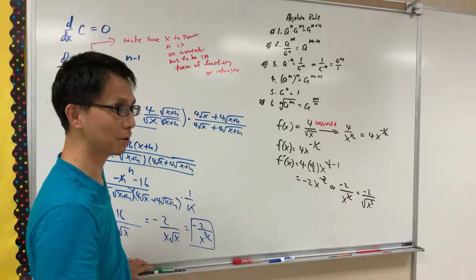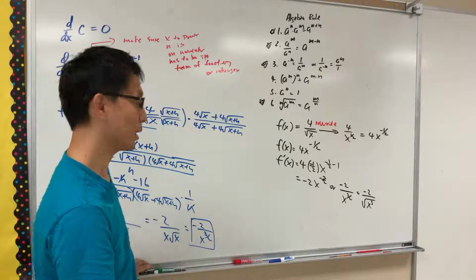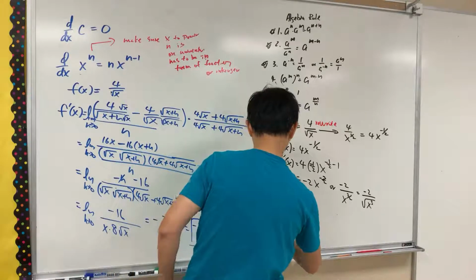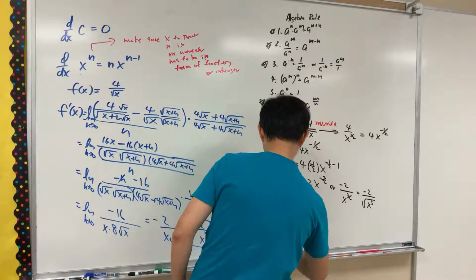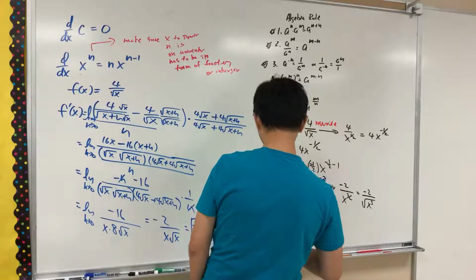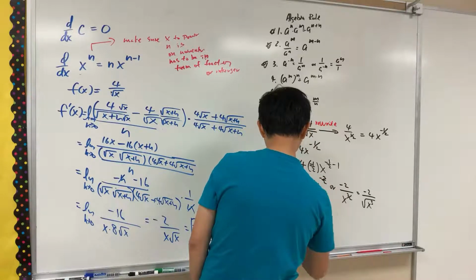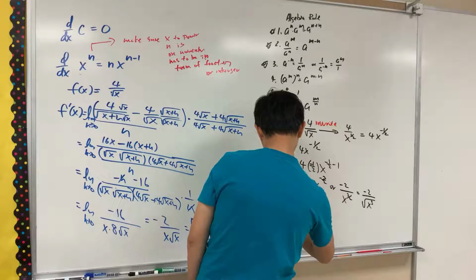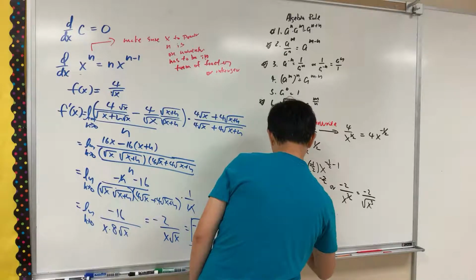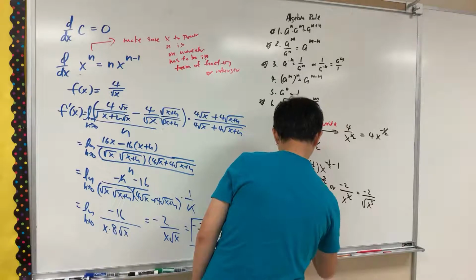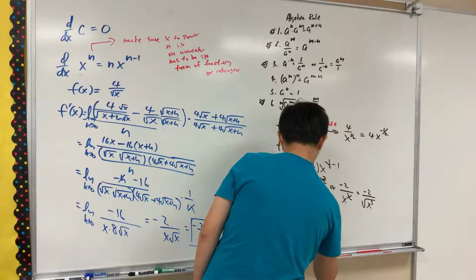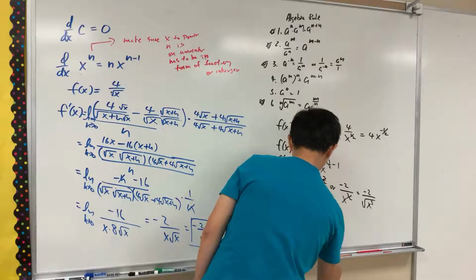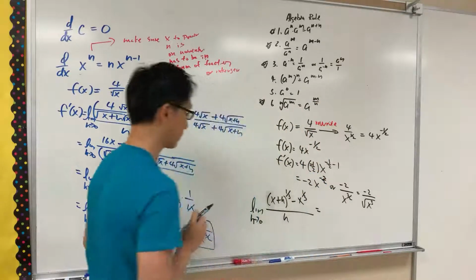I'm going to ask you to find the limit as h approaches 0 of (x plus h) to the 1/3 minus x to the 1/3, all over h. I want you to find the answer for this.